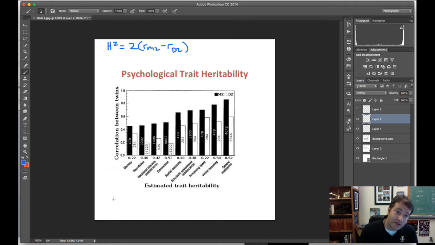So here is correlation between twin pairs for a variety of traits, memory, neuroticism, that kind of stuff. And the black bars are for monozygotic twins, and the white bars are for dizygotic twins. These numbers are the number of twin pairs that were enrolled in that study.